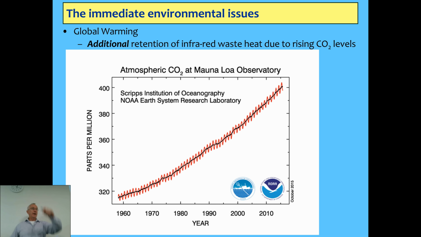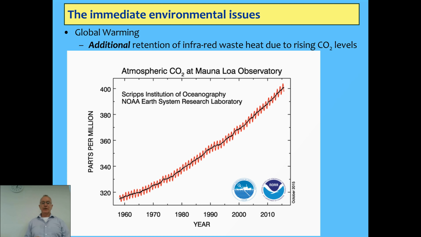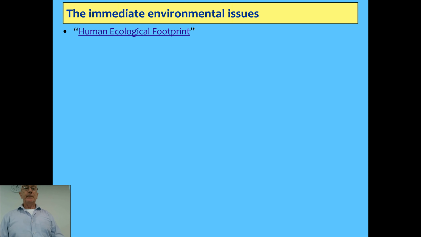The ups and downs are because of the changes of the seasons, meaning there's more growth of plants in the northern hemisphere than there is in the southern hemisphere. So the northern hemisphere will have more absorption of carbon dioxide when it's summer there than when it's summer in the southern hemisphere. That's the trend we've seen.